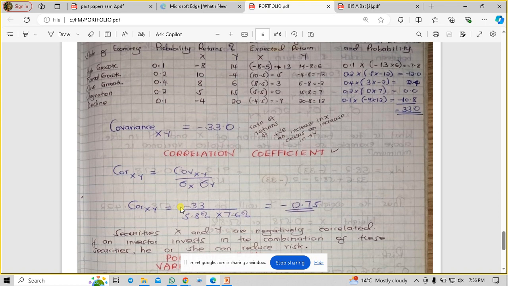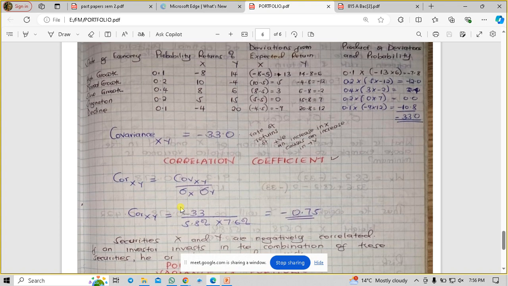Any clarification? So if there is no question, we can move to correlation coefficient.